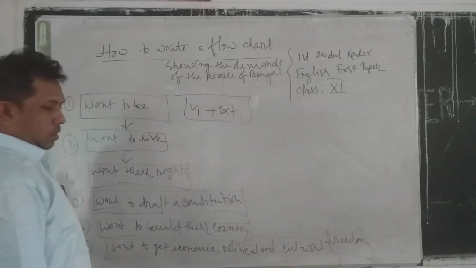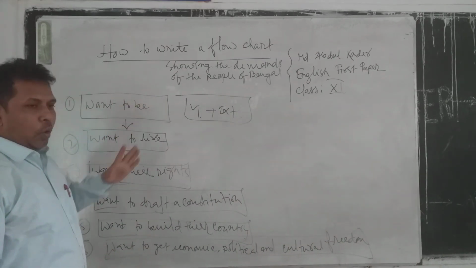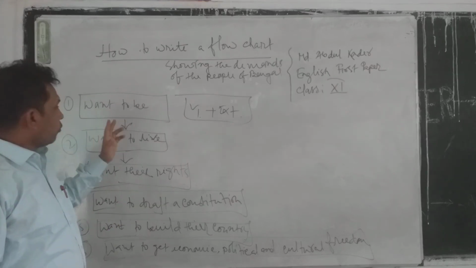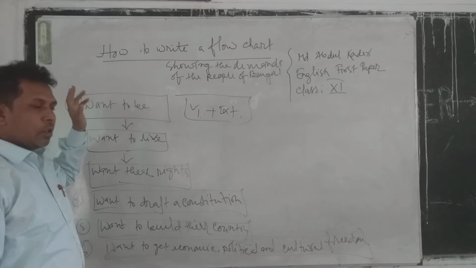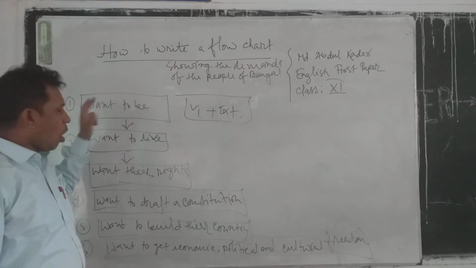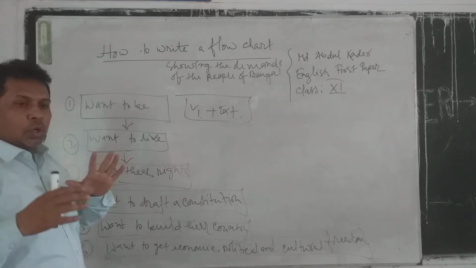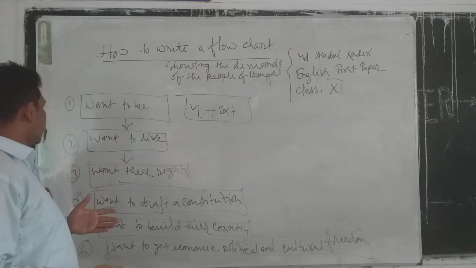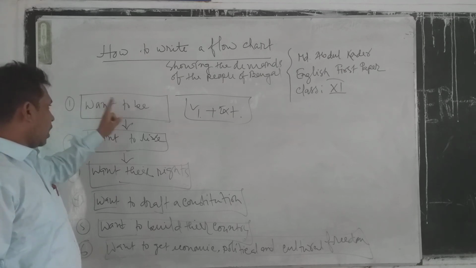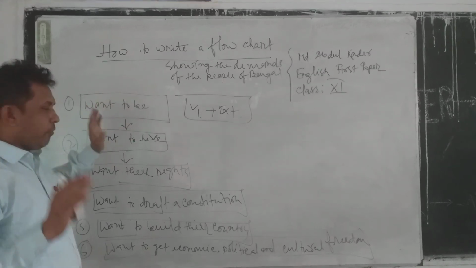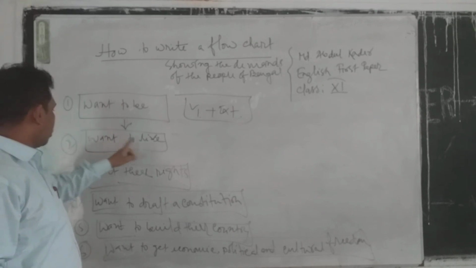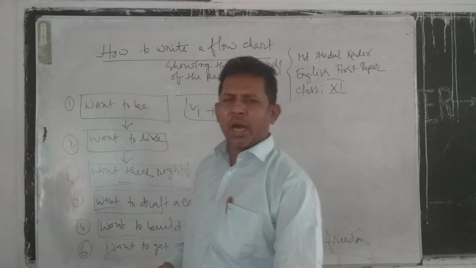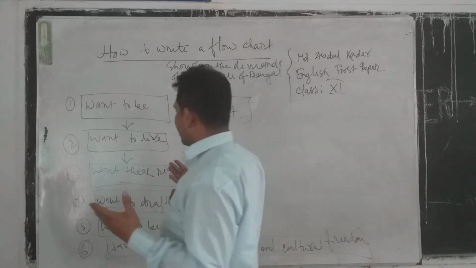Okay, what I have said earlier in the class, you have to follow the first box to fill the other 5 boxes. The first one is done for you, want to be free, and I follow it also: want to leave. Every short note is in the paragraph, in the passage.